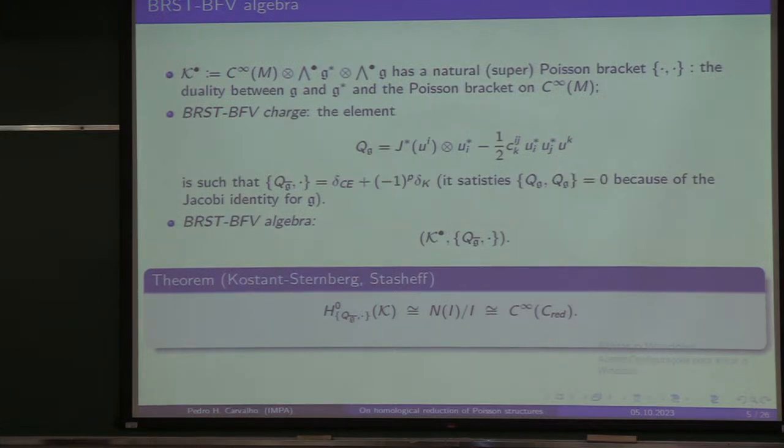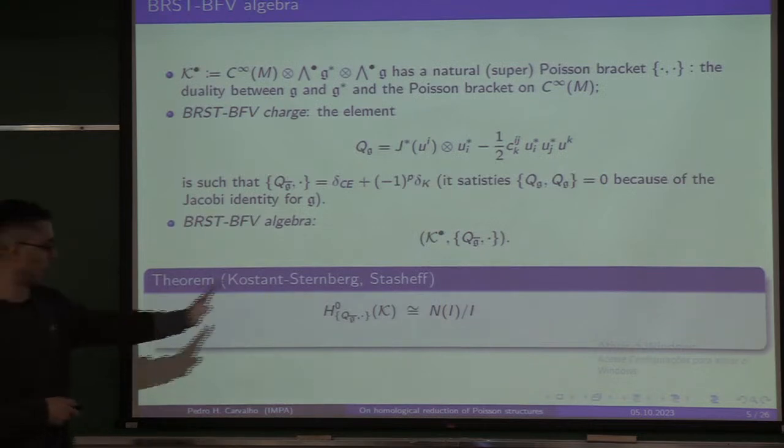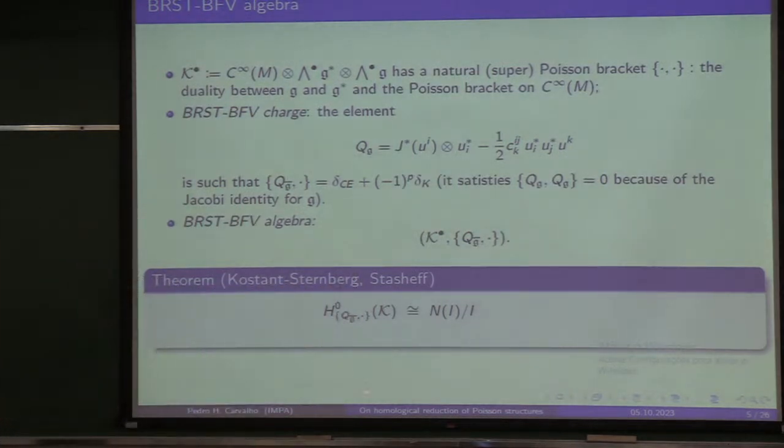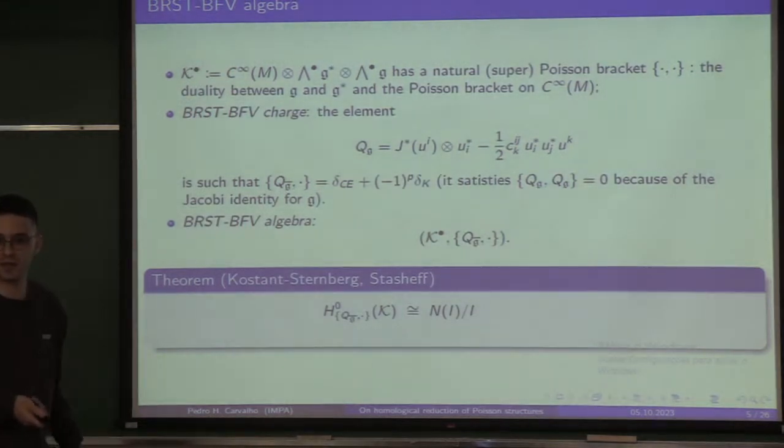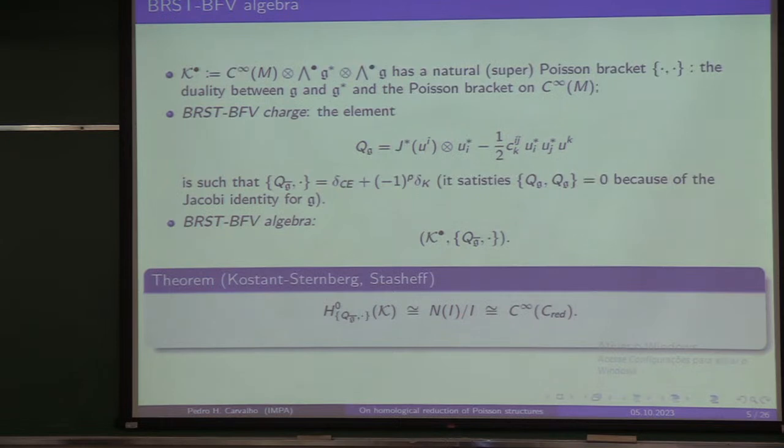Because you take cohomology, you know about functions, but you can forget about the reduced space and talk about the functions on the reduced space without talking about the reduced space properly, because it may not even exist in some cases. But in the case of usual Hamiltonian reduction, it exists, and we have this statement. Okay.